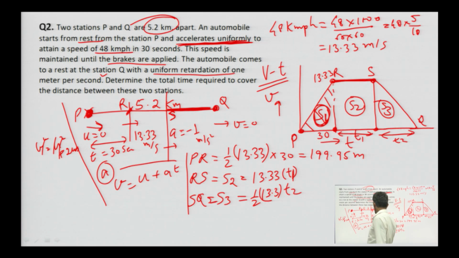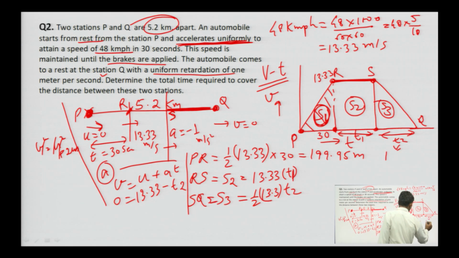Final velocity is 0, u is 13.33 and a is minus 1. So, T2 is 13.33, that value we have calculated, 13.33 second.